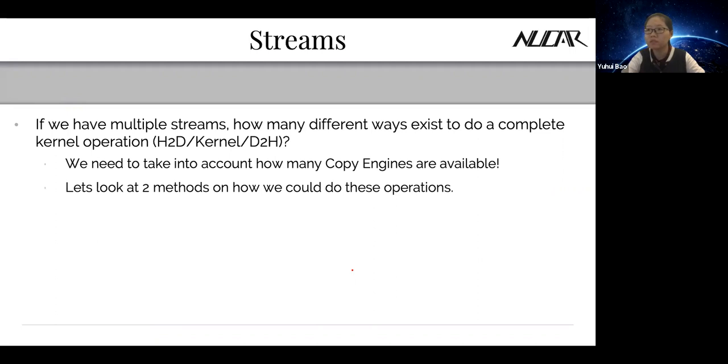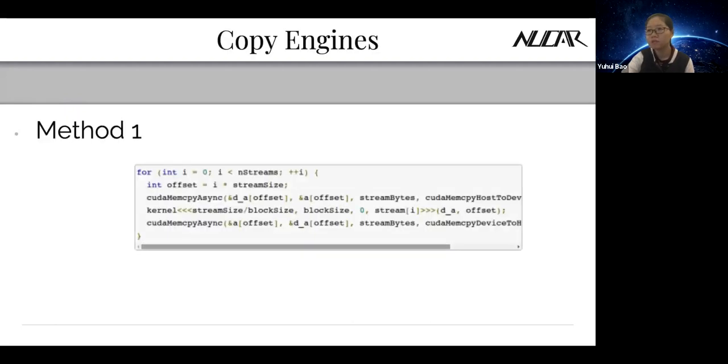Let's take a look at one example, which is implemented in two methods. The first method uses a number of streams. For each stream, we have a sequence of operations. First, we do the memcpy, then we launch the kernel, then we do the memcpy to copy the data back.